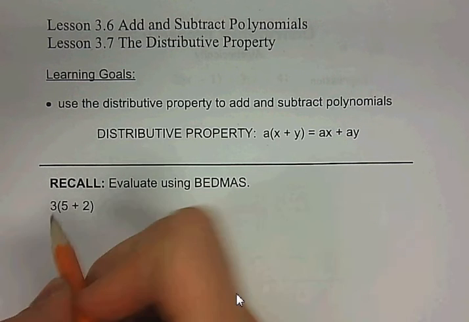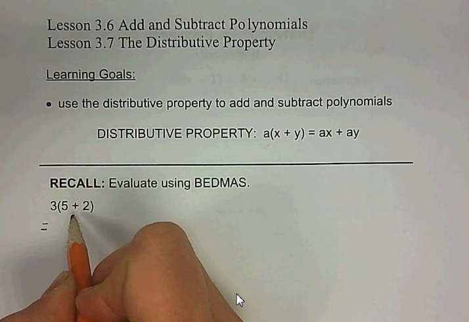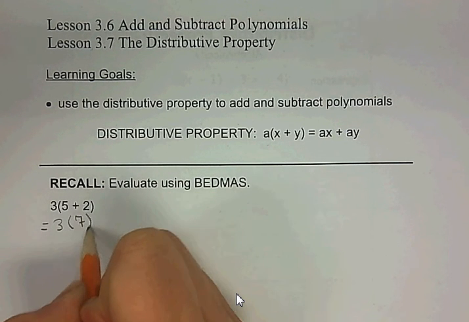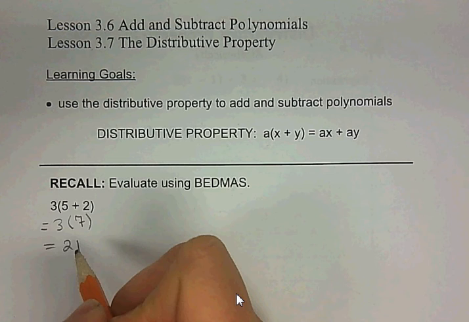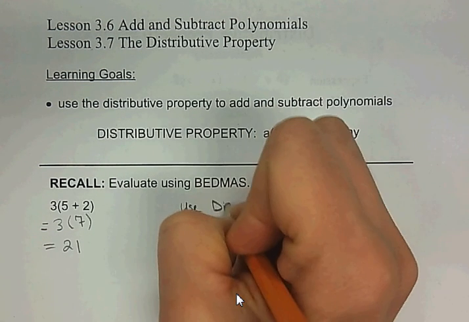We're going to use an example with BEDMAS to show how this works. So if you remember with BEDMAS, we would have to use the brackets, or evaluate the brackets first. So 3 we just copy, 5 plus 2 is 7, the total is 21. We can also use the distributive property to do the same thing.